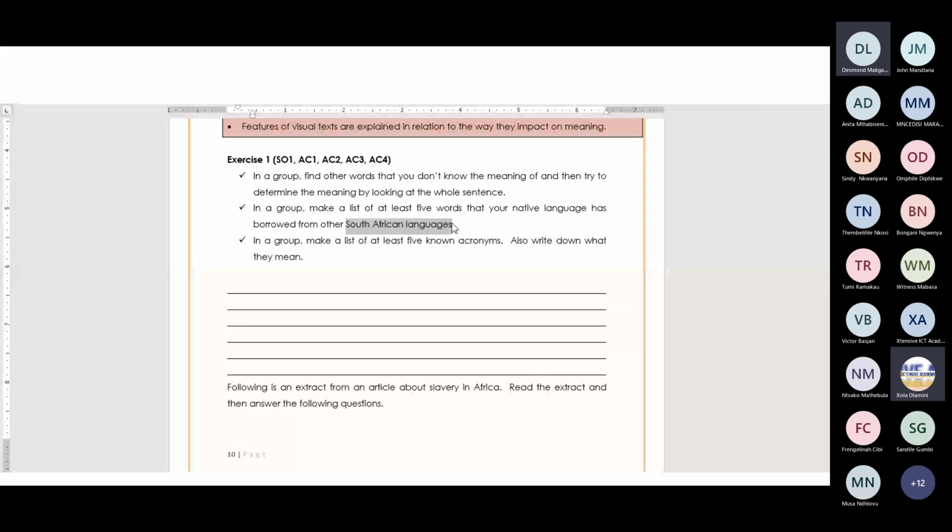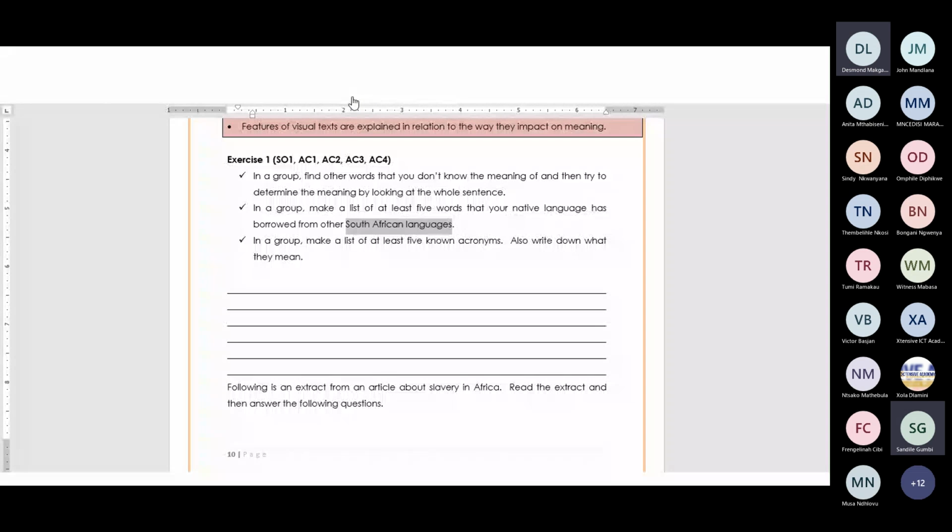Five acronyms, colleagues. Tomi, your hand is up. Do you have one for me? I have PIN, personal identification number. PIN, that's personal identification number. Bongani, your hand is up. Give me one. SMS, short messaging services. Sandile, your hand is up. Go ahead.